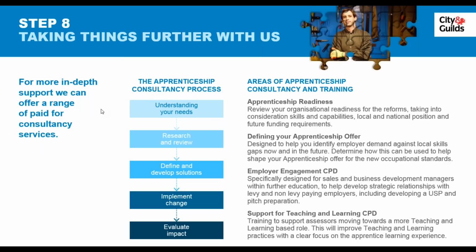Many employers in the past, I think, have been quite reluctant to provide the off-the-job training. Again, this should be in your contract, your agreements that you make with that particular employer about what the off-the-job looks like and how the off-the-job will be delivered. So it could be that they come out to you as a training provider, or it could be that you go into them in the workplace. I think that is to be negotiated.